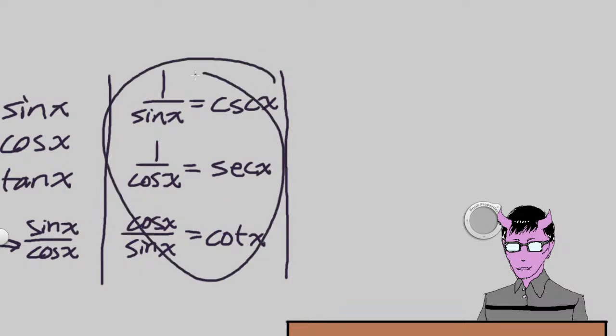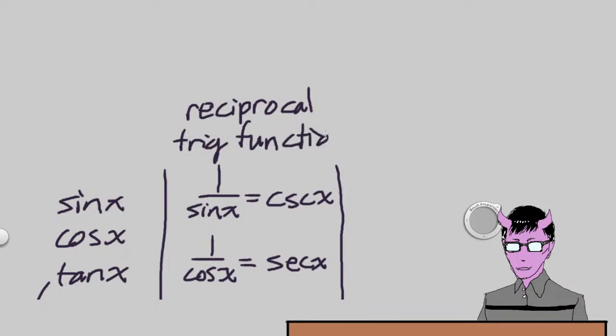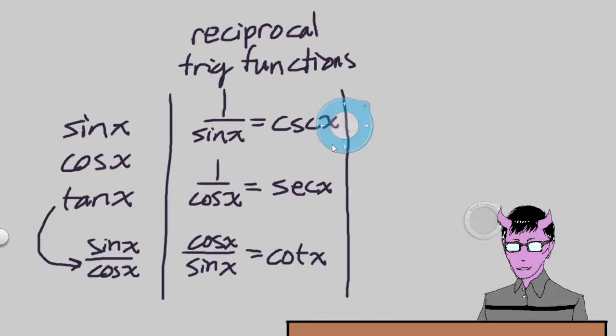So these are called the reciprocal trig functions. Is that how you spell this? Maybe. Reciprocal trig functions. So when we perform mathematical operations on these ones, it's honestly not that much more than what we've already been doing. You just flip the results.